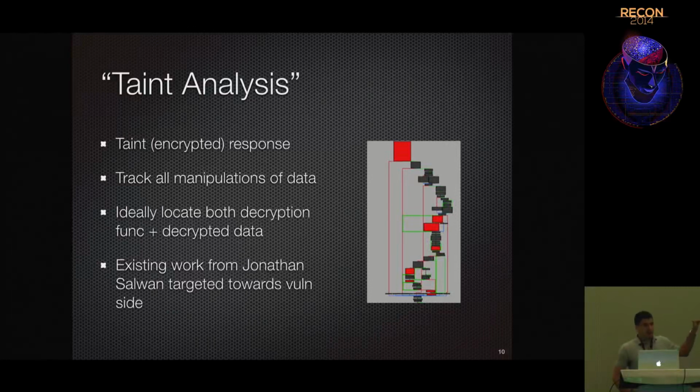Jonathan Salwan from Quarks Lab has posted a lot of stuff on his blog at shellstorm.org around the vulnerability side of this. I haven't seen much work targeted towards the malware side yet, and it's not something I've started on because I'm just trying to get simpler pin tools running more cleanly before I move to something like this.